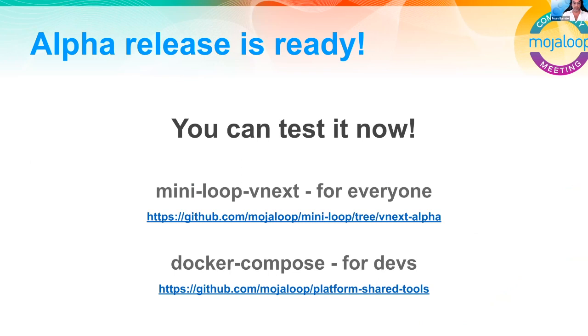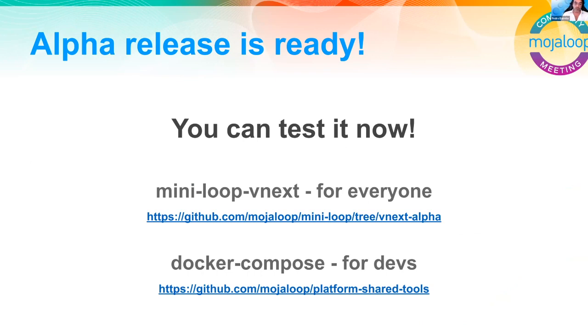There's two ways of testing. There's the excellent Miniloop vNext from Tom. Tom Daly produced this. This is the most simple way of doing it. It's exactly the same logic as Miniloop, which is a couple of commands, and you have a vNext implementation working on your machine with everything that we have. This is really simple.